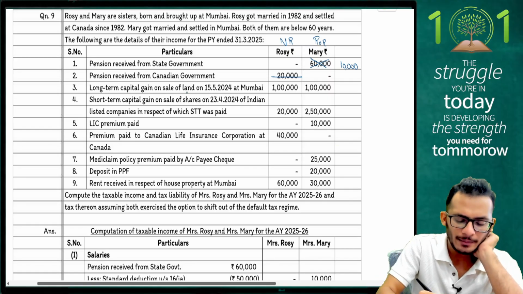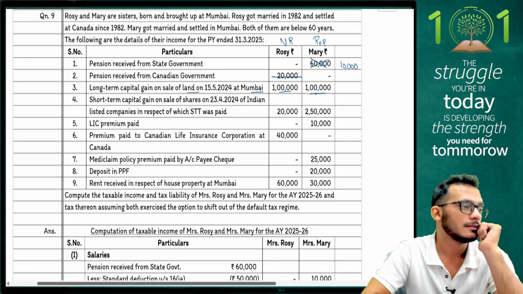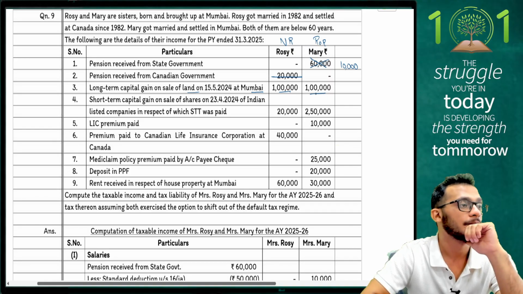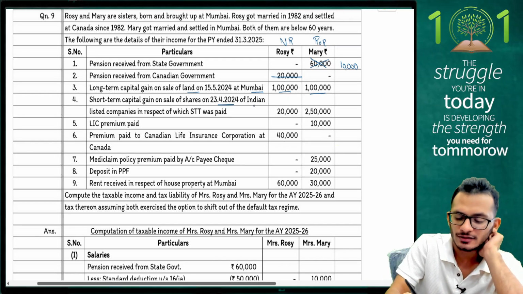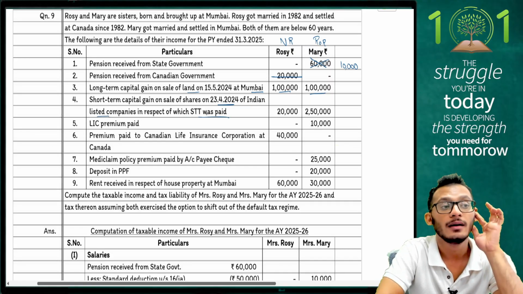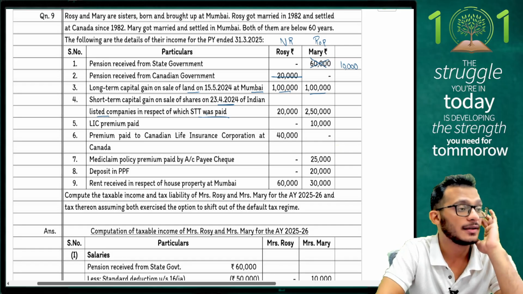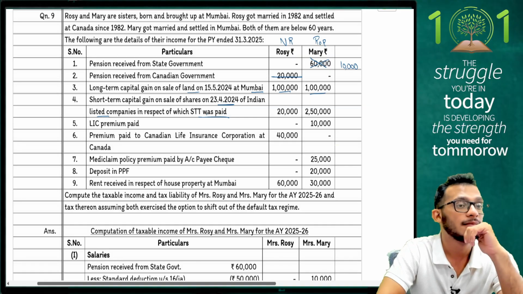Then long-term capital gains on sale of land at Mumbai. Both have received 1 lakh rupees. Taxable for both, because the asset is located in India. Short-term capital gains on sale of shares on 23rd March 2024 of an Indian listed company in respect of which STT is paid. Taxable because the asset is located in India. Taxable under section 111A.